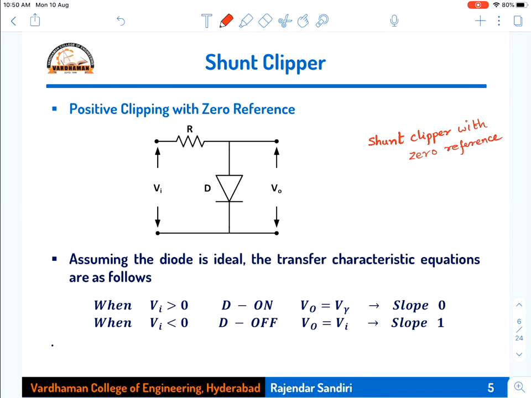I am naming the circuit by seeing the circuit diagram. Therefore, it is a shunt clipper with zero reference.